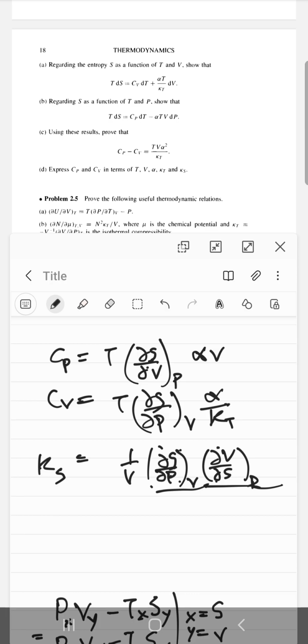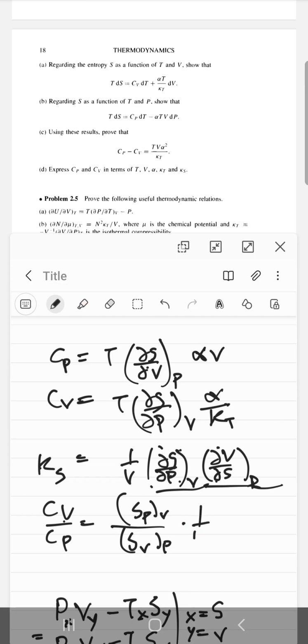Right? So just divide Cp and Cv. What do you get? Let's just do Cv upon Cp. You get S sub P at constant volume times, well, alpha is gone, so 1 upon kT, over this thing, S sub V at constant pressure, with 1 upon kT.